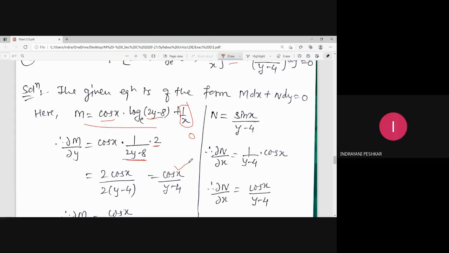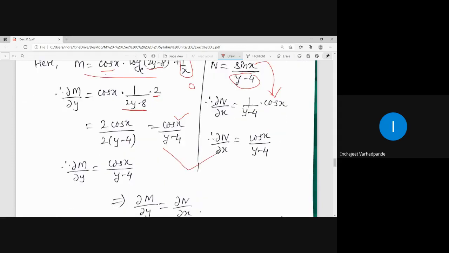Yes, sir. Now del n by del x: y minus 4 is constant, and the derivative of sin x is cos x. I find that both the values are equal.